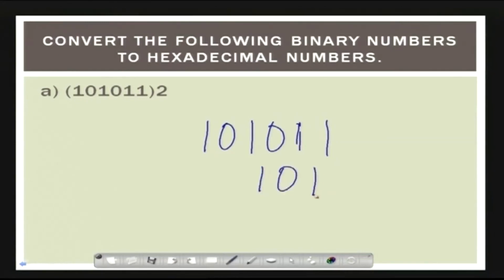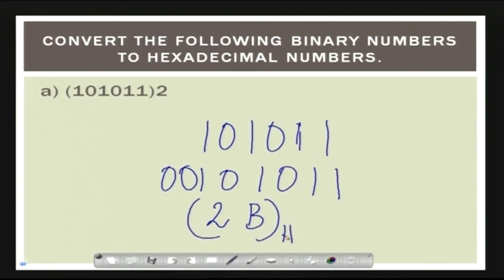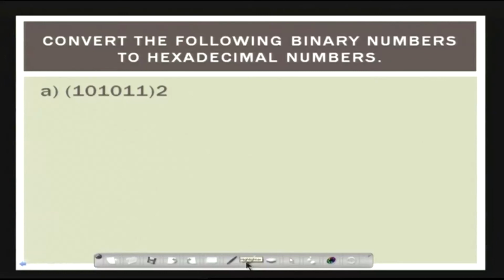This can be retained as it is, and here I can add 2 zeros to the front, and this represents 2 and this represents 8 plus 2 plus 1, 11, and 11 is nothing but B. So, you can see that this binary number gets converted to 2B in the hexadecimal number system. So, this is what you should remember when it comes to conversion of binary to hexadecimal numbers.